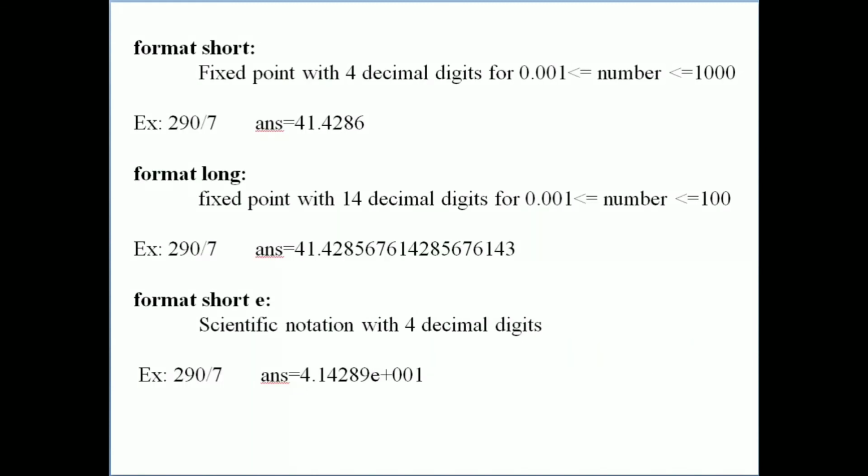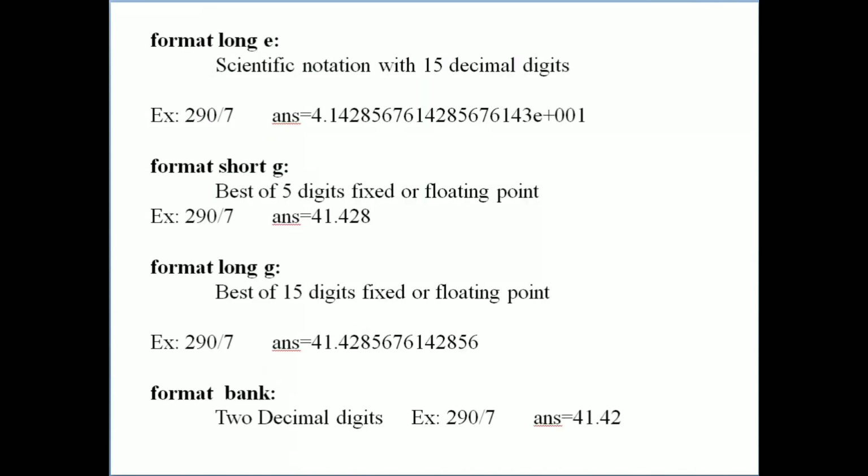The first one, format short: fixed point with 4 decimal digits only. Second, format long: fixed point with 14 decimal digits. Format short E is scientific notation with 4 decimal digits.